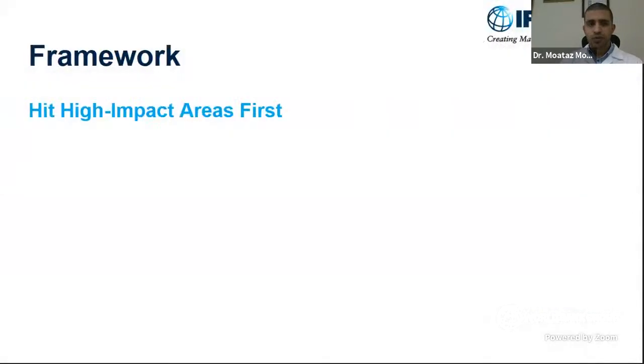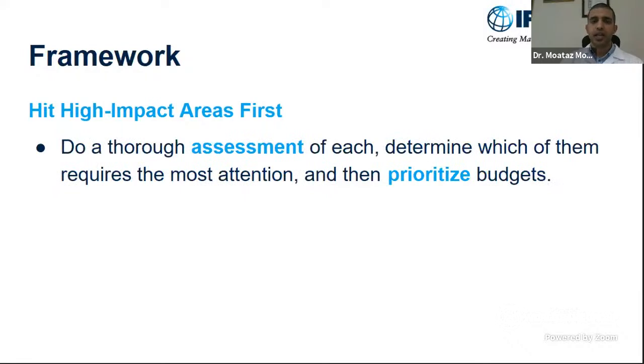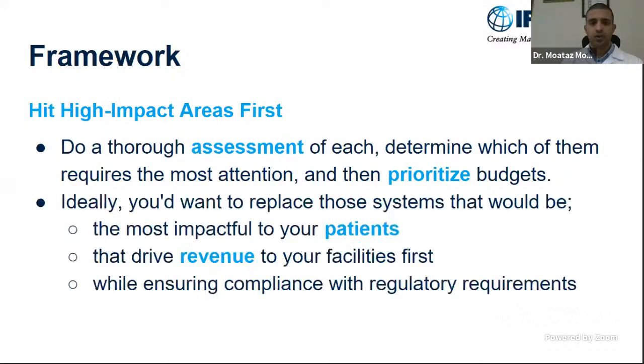The next step would be thoroughly evaluating each and every single component of your facility to determine which of these are compromised, which of these are not complying. And of course, applying risk management concepts to identify which ones have the highest priority. And then you should prioritize your budget accordingly.